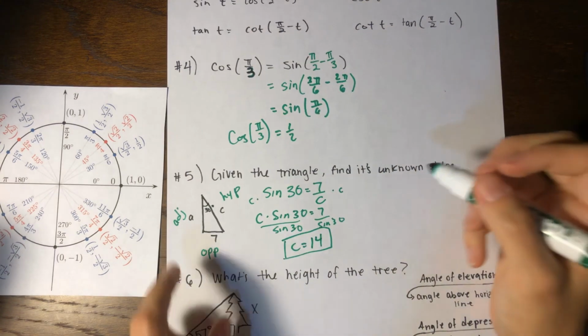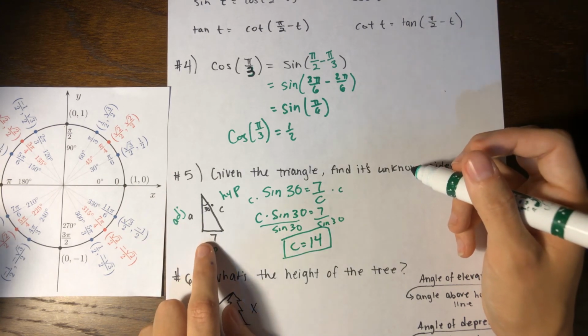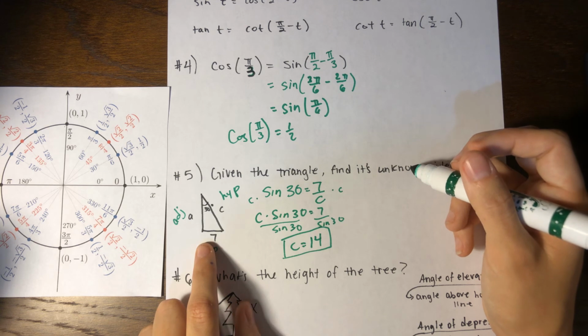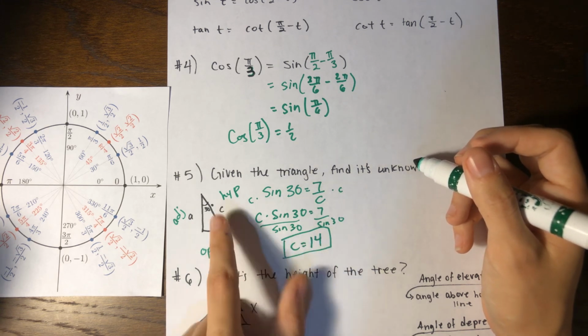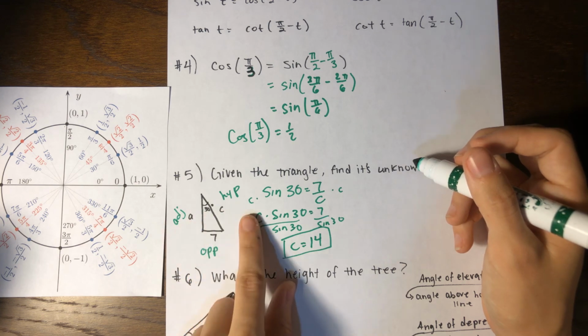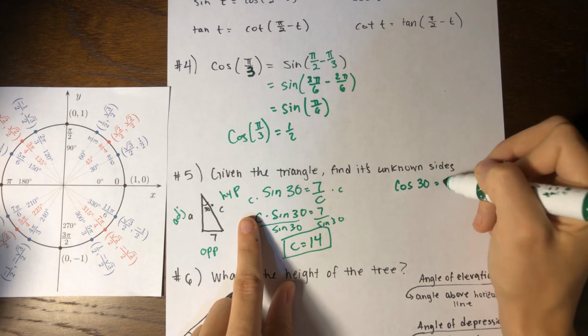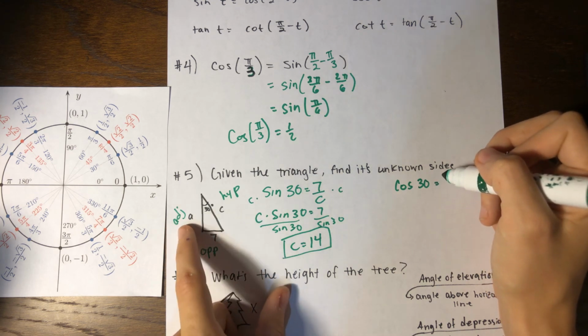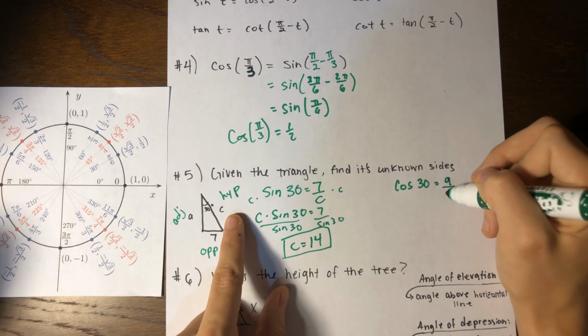Okay, the next one, we need to solve for A, which we can solve easily. Now that I have that this is 14, I could do cosine of 30 is equal to, ready, adjacent over hypotenuse. So adjacent over the 14.